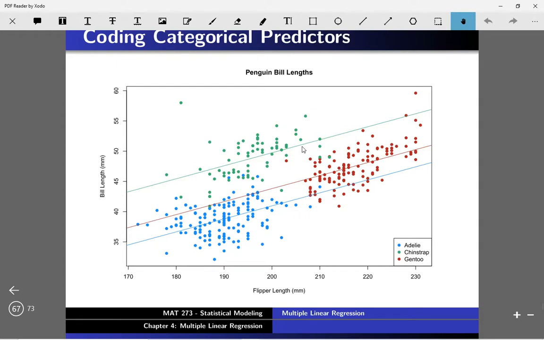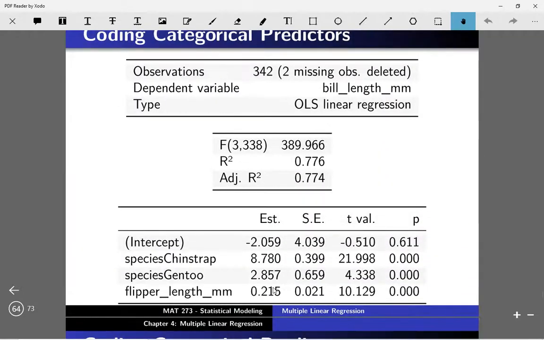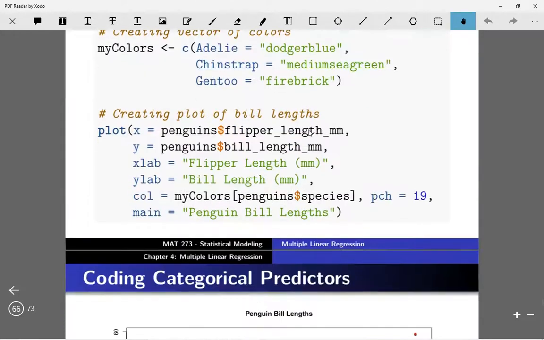And what we can see is that these lines are parallel. They're perfectly parallel. That's because the slope for flipper length, if we go back to the regression output, is fixed at 0.215. So this regression slope does not depend on species. Essentially, there's just a linear shift, a single number shift in the predicted value for whether a penguin's Gentoo, Chinstrap, or Adelie.